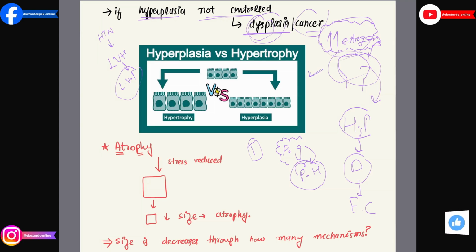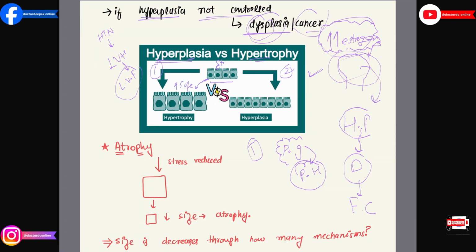Here is a simple diagram to help you understand. This is hyperplasia on the left side and hypertrophy on the second side. Here are four cells, and let's suppose you put some kind of stress on these cells. You can see these are the four cells, but the difference is that these cells have increased their size.